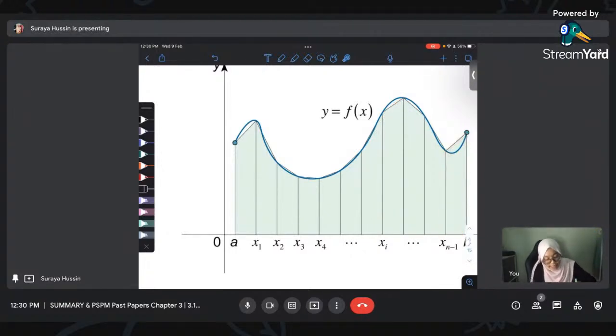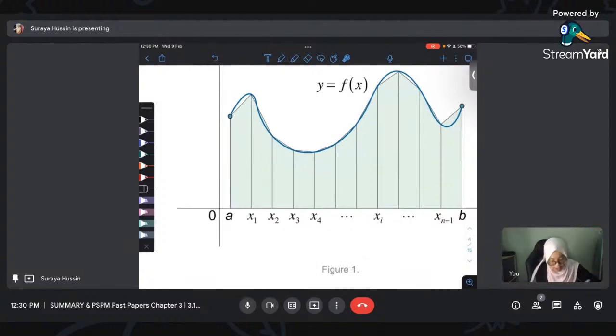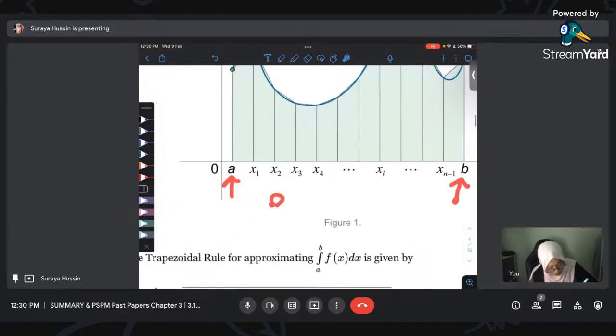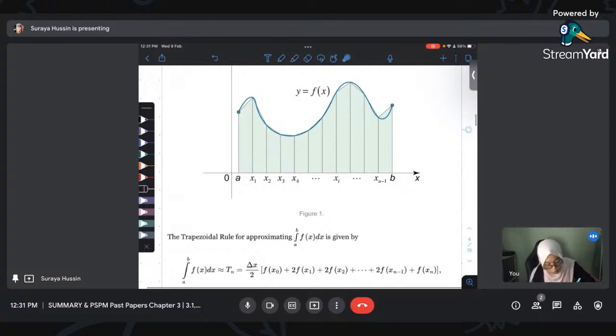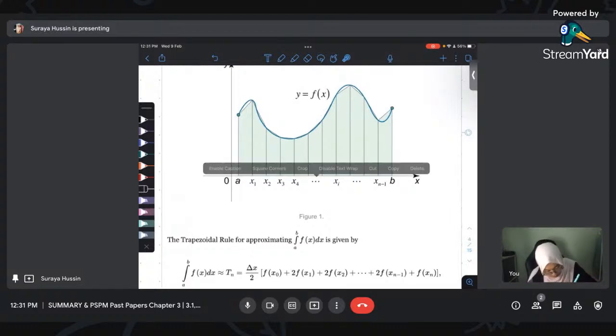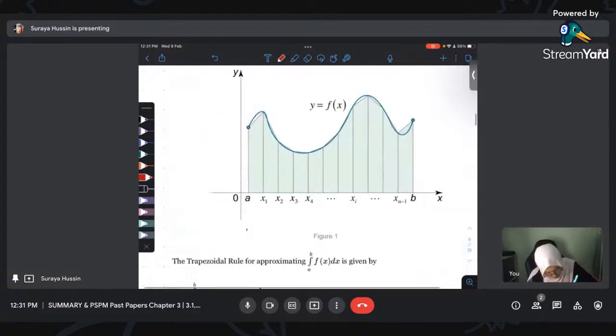Okay. As long as now you can see already the shape of trapezium, and you must know the A and B is actually coming from x equals to A until x equals to B. You kena faham ya, A dan B ni adalah hujung-hujung kita. Hujung-hujung saja. You jangan takut. This is x0 and well this is xn.